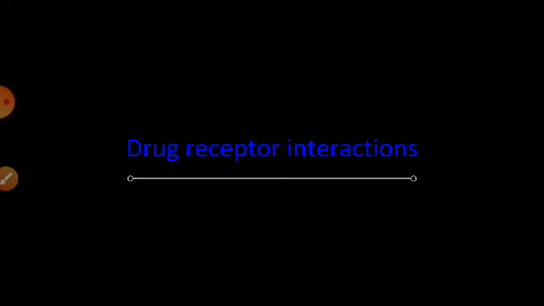Now we'll talk about the drug receptor interaction. We reach the first point of this signaling mechanism, or this receptor concept, where a receptor is going to interact with the drug, or the drug is going to interact with the receptor. When you have taken the drug, it goes inside near the cell, because it has to enter the cell and then do something.